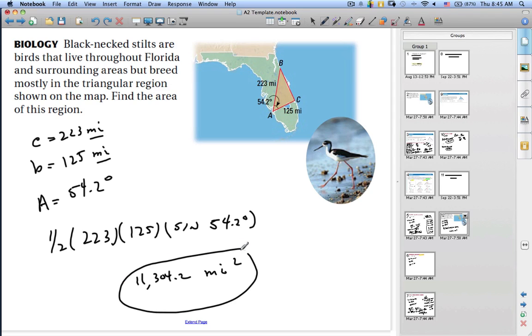And there's my answer. So this was using the law of sines and the area formula using sines to find the area of a triangle. In our next section, we'll work with the law of cosines and a formula for finding area based on cosines.